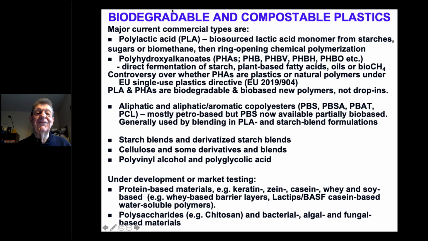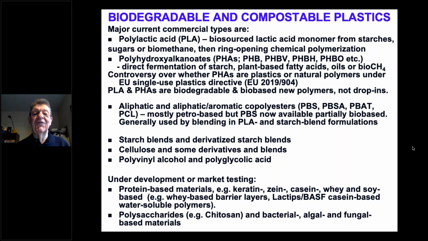So what's available now, biodegradable and compostable? The big one is polylactic acid, which I'm sure most people have heard of. Here, lactic acid, which is from the fermentation of starches or sugars or even methane, is now our platform chemical.